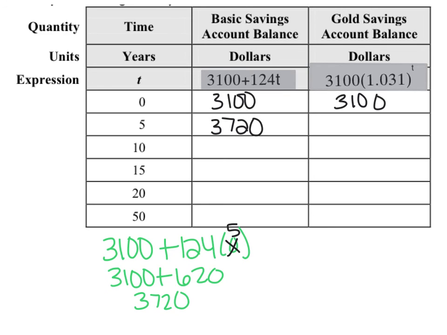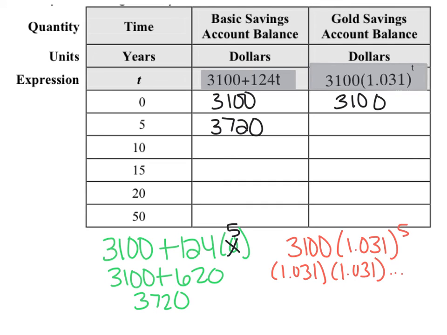Now to do year number 5 for the exponential, what I would have to do is plug in a 5 to my exponent. So that's 3,100 times (1.031 raised to the 5th power). So that's where we do 1.031 times 1.031, so on and so forth, until you do that 5 times.